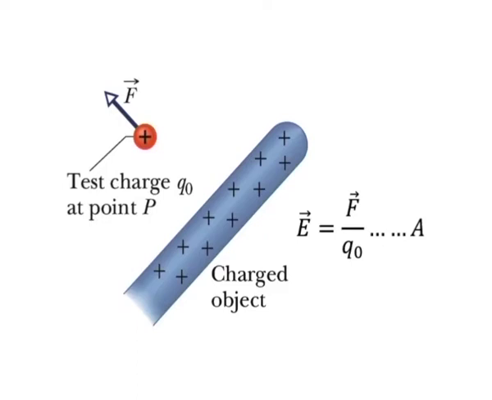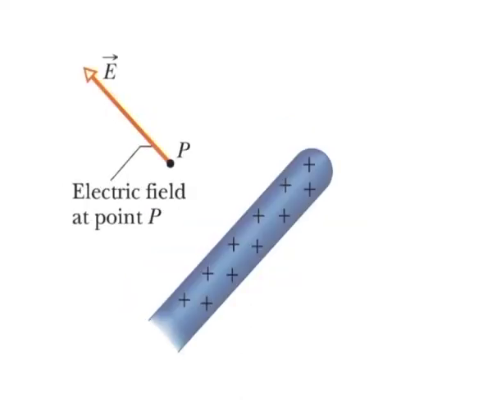Because the test charge is positive, the two vectors in equation A are in the same direction. So, the direction of the electric field is the direction we measure for the electrostatic force. As shown, we always represent an electric field with an arrow with its tail anchored on the point where the measurement is made.